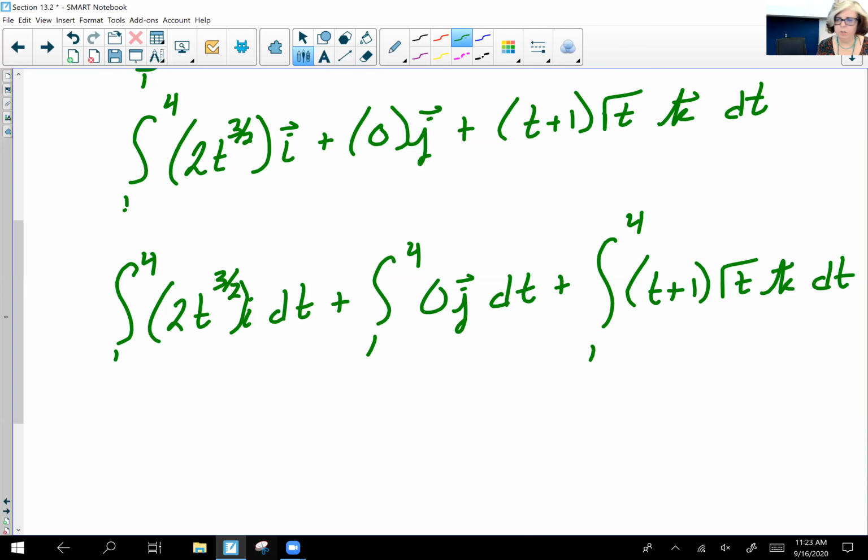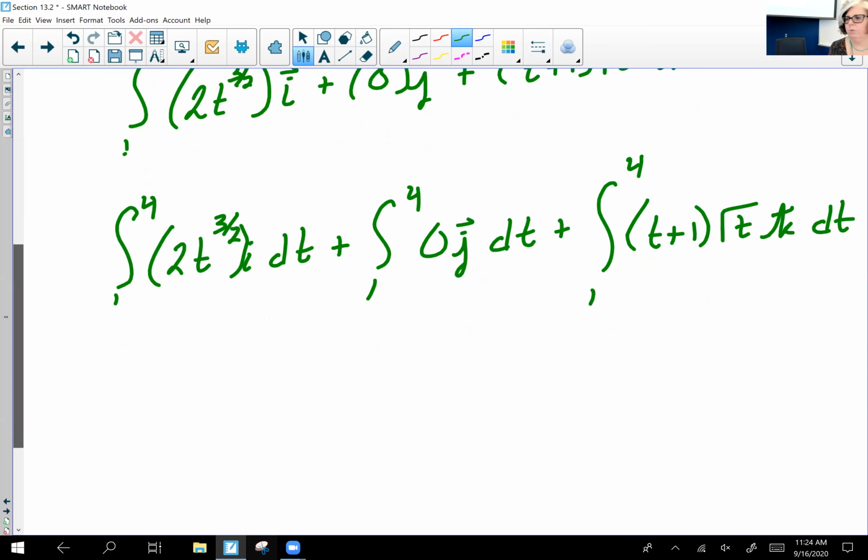All right, so we can look at them as a split up integral. Those of you that have the DiffEq class will be like, yeah, we've had to deal with this before, where there is a 0 in there I have to integrate.